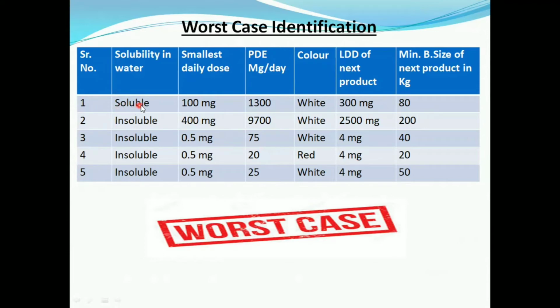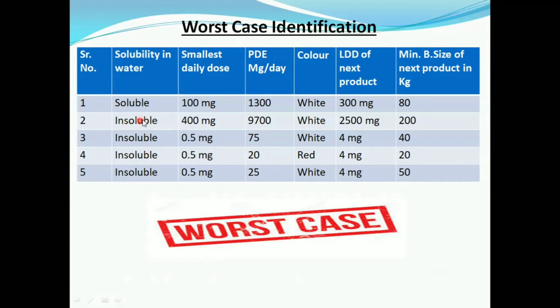First serial number is a soluble product and has smallest daily dose of 100 milligram. That means if it is soluble, then it is cancelled for worst case product. So we will see 2, 3, 4 and 5. All of them are insoluble, so among them one worst case product can happen.